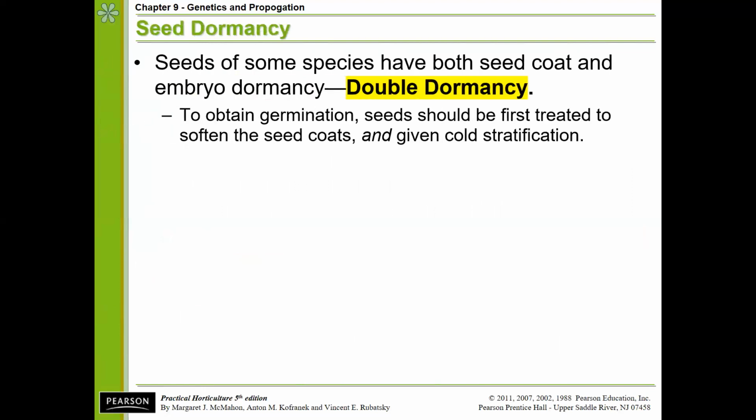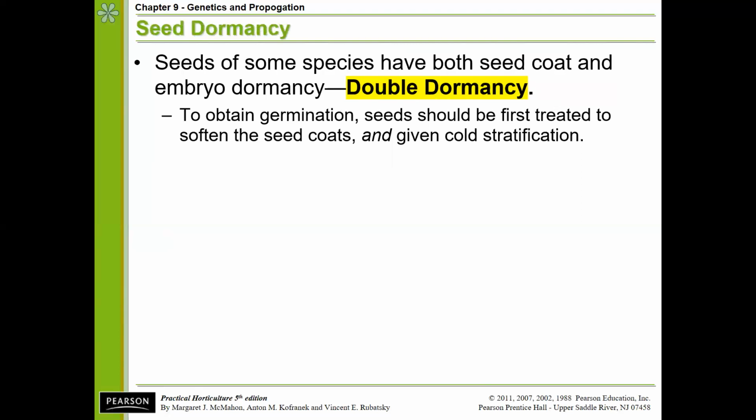Some species have both seed coat and embryo dormancy, and that's called double dormancy. These tend to be more difficult to get to germinate. Sometimes it might even take several years or several seasons to get it to germinate. We don't really see this in any of our main crop species, but some alternative crop species, we do see it in.